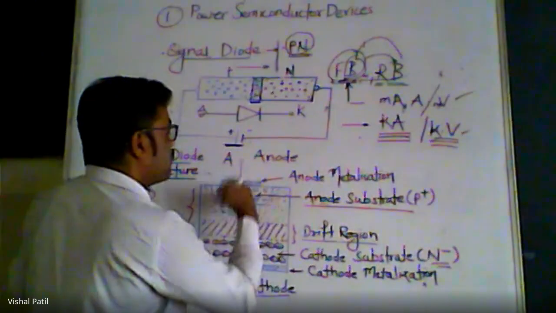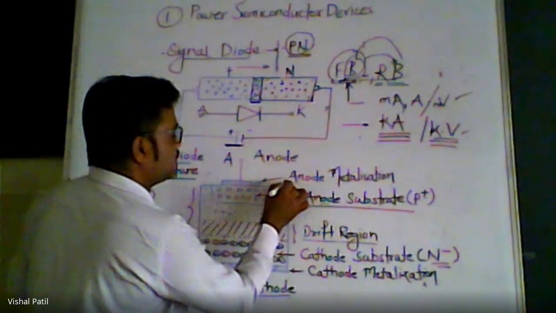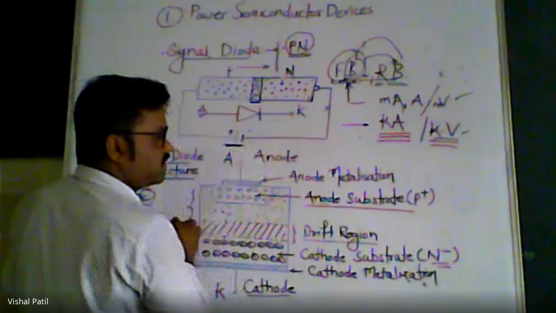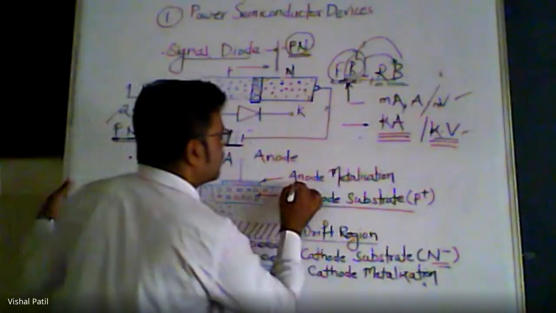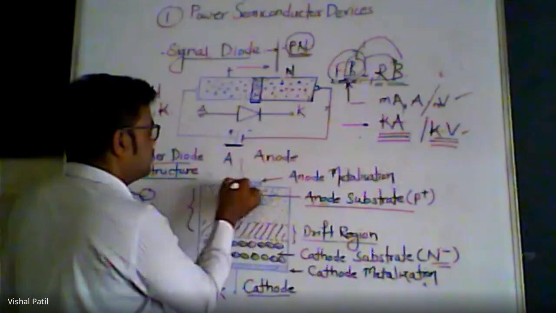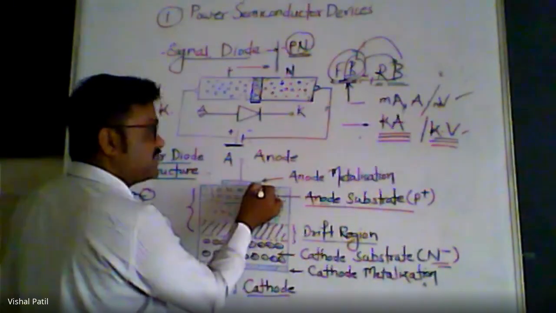Then above the anode substrate, as an external part, we need to connect this terminal, the anode substrate, to the positive of the biasing which we are applying. And for that, we need to have anode metallization. This is the metallic part to which we are connecting the positive terminal of biasing.